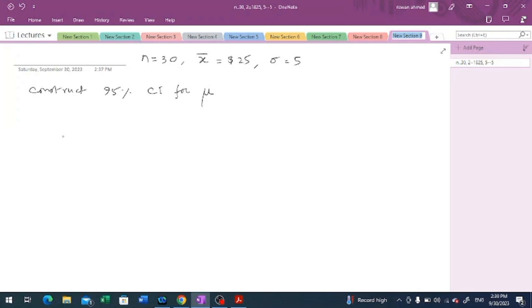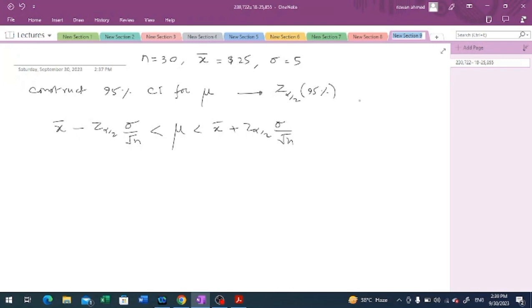So what we do, we need to write down the formula first of all, and then since we are asked for 95% CI to be constructed for this population mean, we will also get the Z alpha by 2 value corresponding to 95% CI, which is 1.96 we have got from the table.